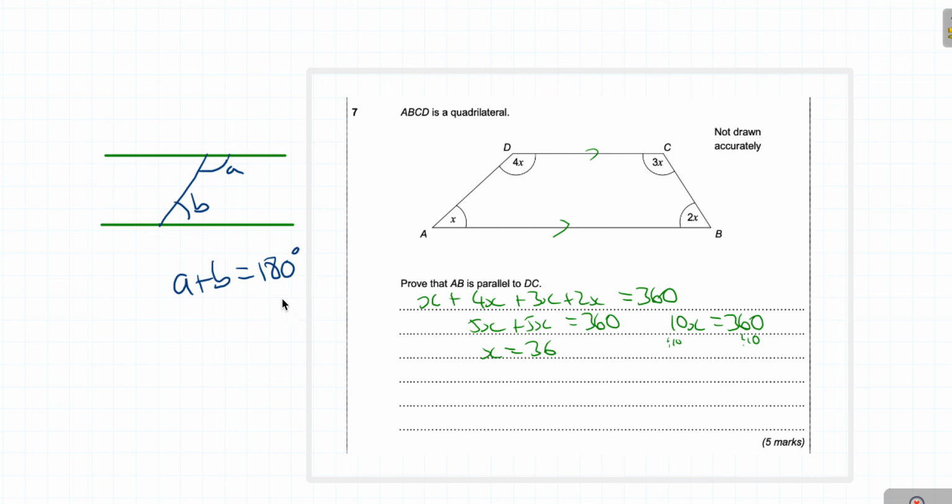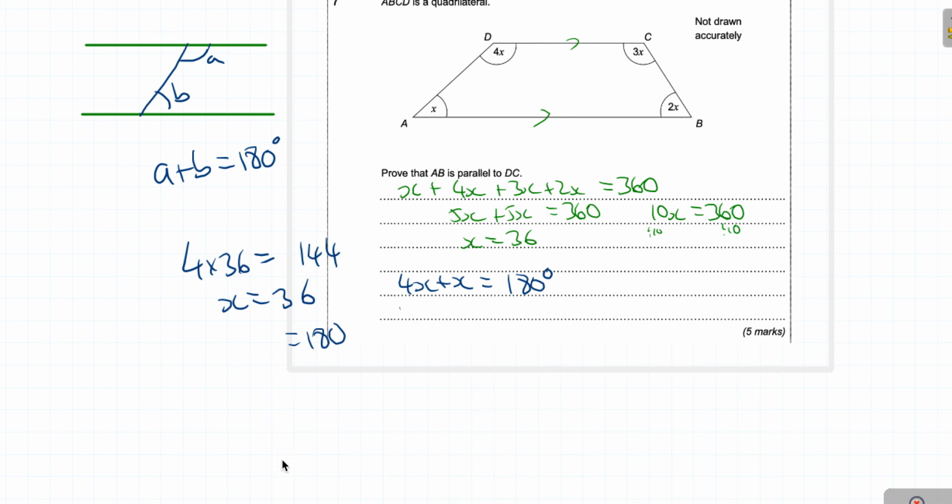So I can test this out: 4 times 36 is equal to 144, and I know x is equal to 36, so 144 plus 36 is 180. So that shows that 4x plus x is equal to 180.